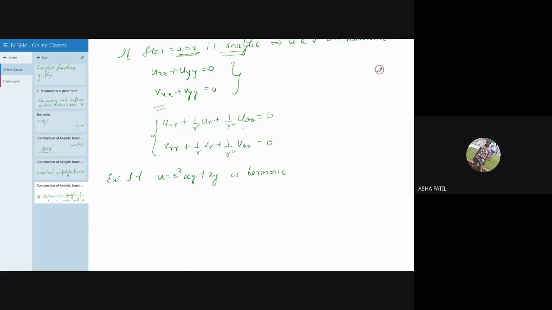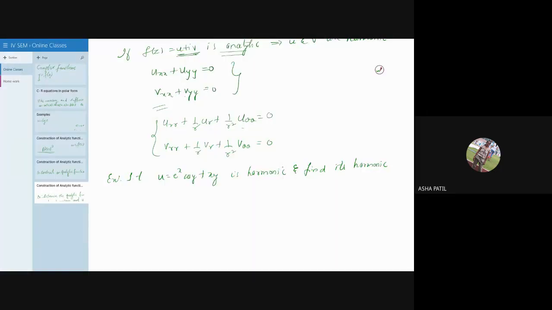Let us see and find its harmonic conjugate and also the analytic function f of z.